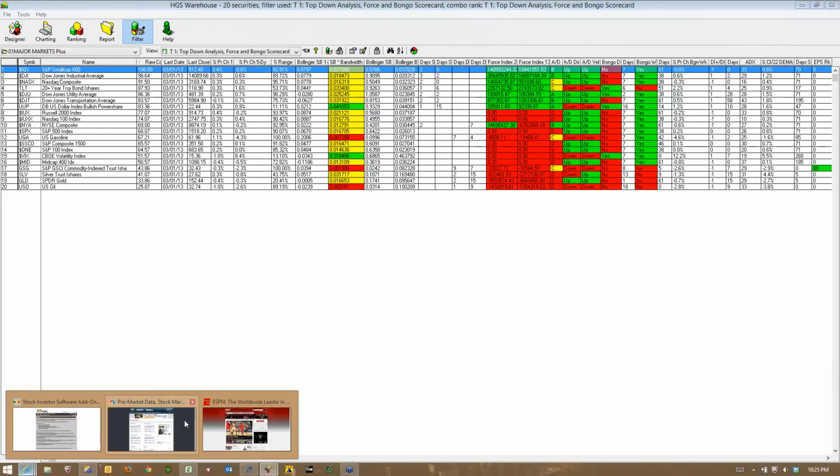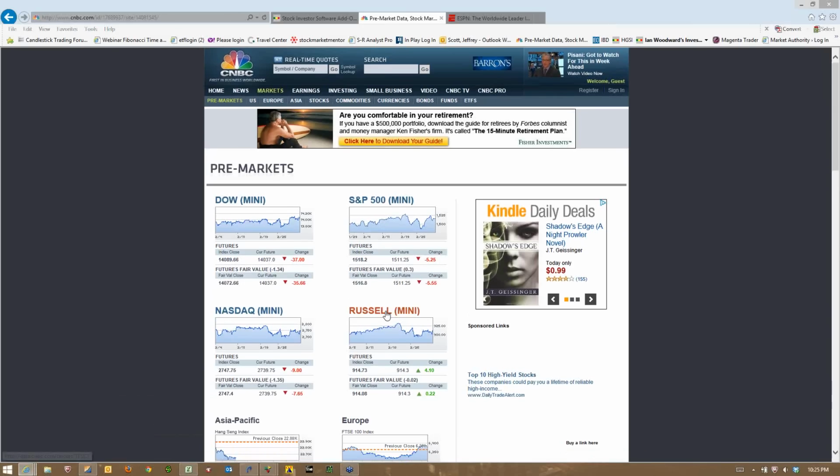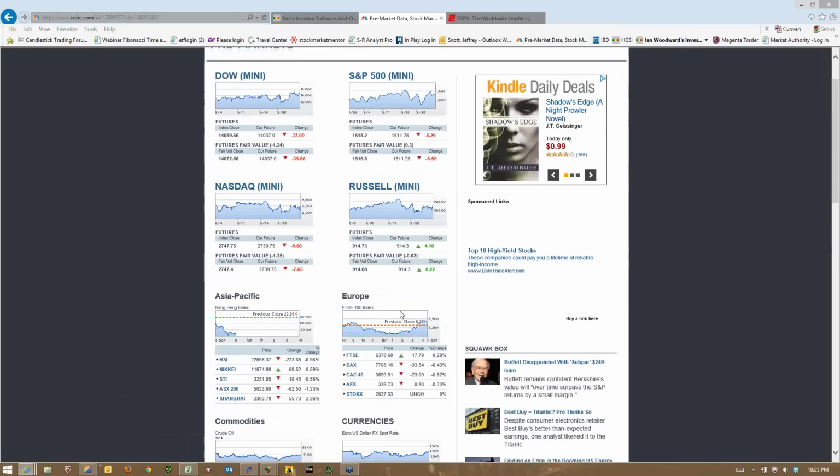Now, one thing I did see on the futures, although who knows if it's anything meaningful, was that the Russell seemed to be doing better. You know, when I see the S&P down 5.5, and the NASDAQ only down 7, and the Russell's up a little bit, it suggests to me that the small stocks may be actually doing better overnight than the big guys.